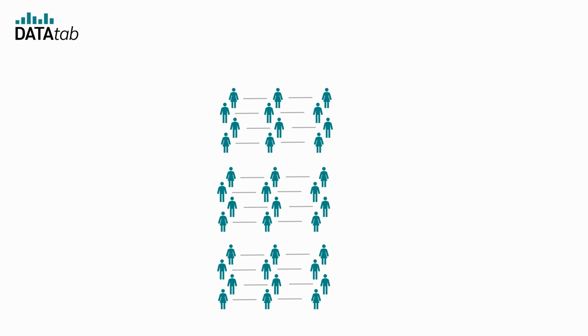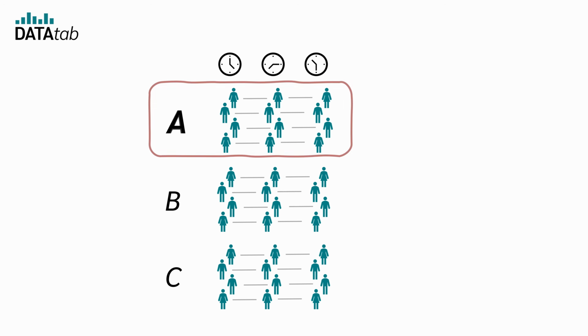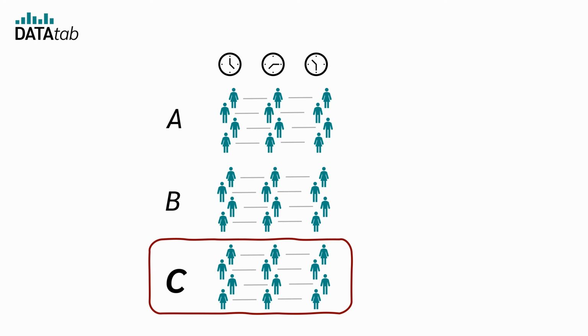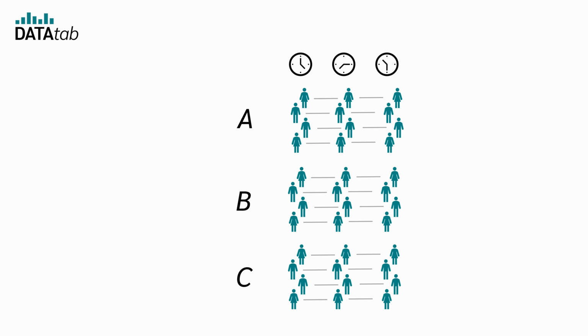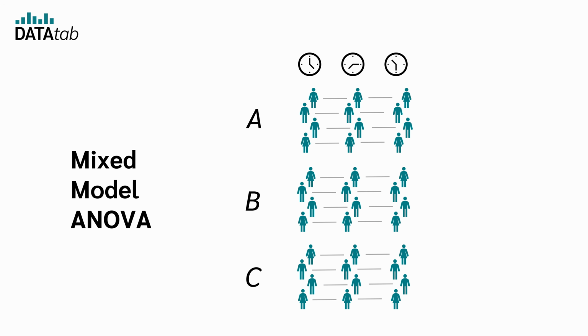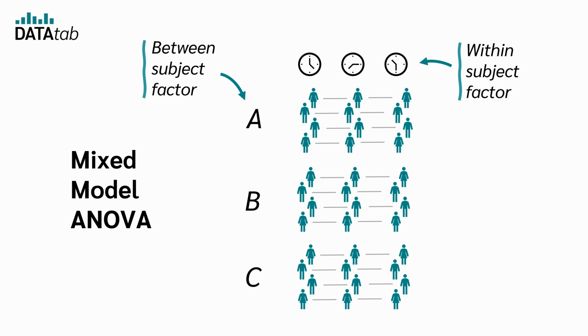But what if we want to test if there is a difference between diet A, B and C over the different points in time? So we want to test if there is a difference between the diets and if there is a difference between the different time points. Then we need a mixed model ANOVA because we have both, one between subject factor and one within subject factor.